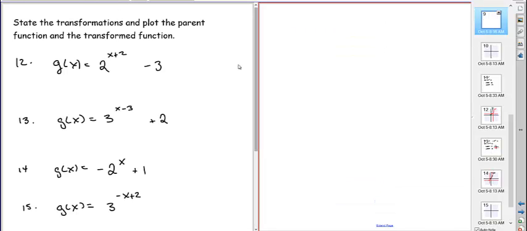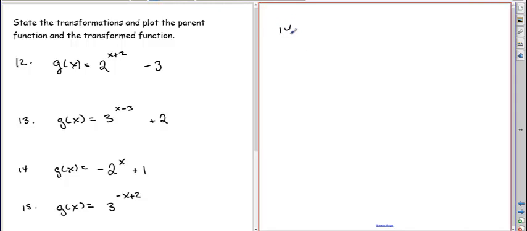Okay, so the next problem is 14. Our parent function is 2 to the x. And then we have our transformed function, which is negative 2 to the x plus 1. So we have two transformations here.